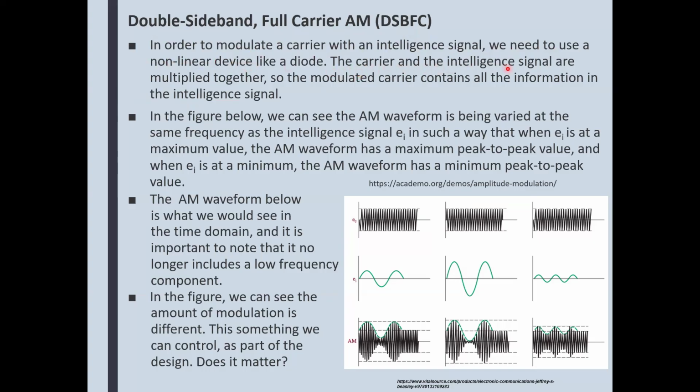The carrier and the intelligence signal are multiplied together. Multiplexed, maybe, is a better word, mixed together. So the modulated carrier contains all the information of the intelligence signal.